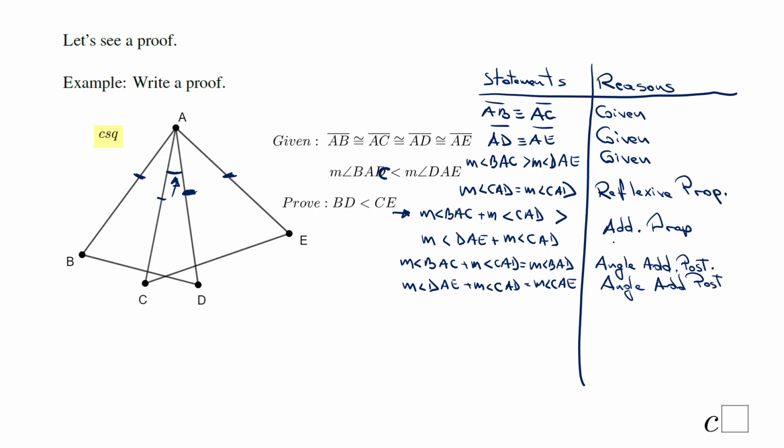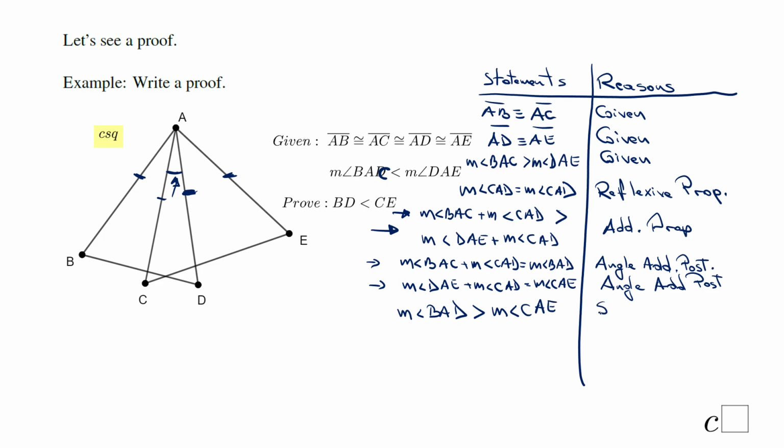Now we're going to replace in this statement here by what we have in these two statements. So we're going to have the measure of angle BAD is greater now than the measure of angle CAE.